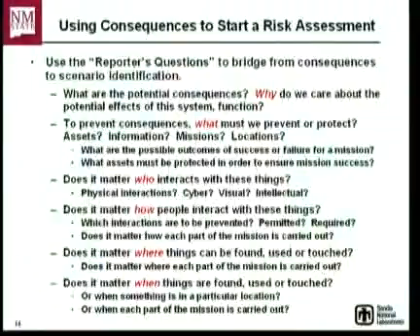If we're going to use consequences, we spent time talking about what consequences are and what makes a facility or a system perform badly. What we want to do now is figure out what can cause those consequences. And a good way to start through the process of identifying scenarios is by using what I'll call the reporter's questions.